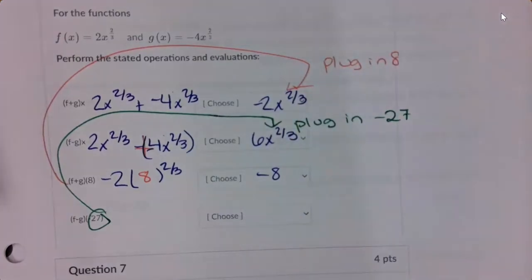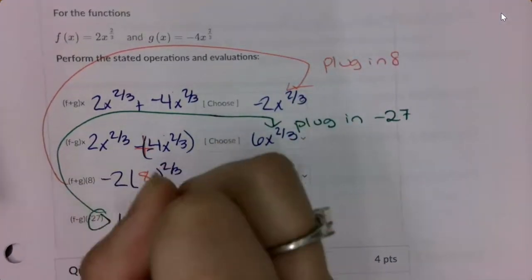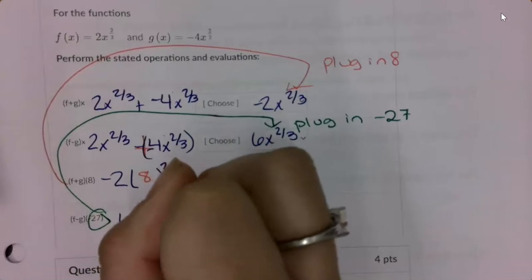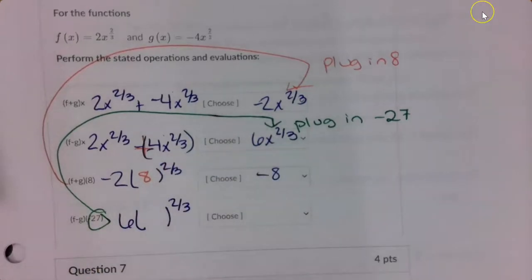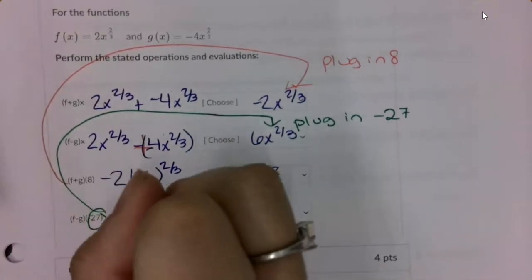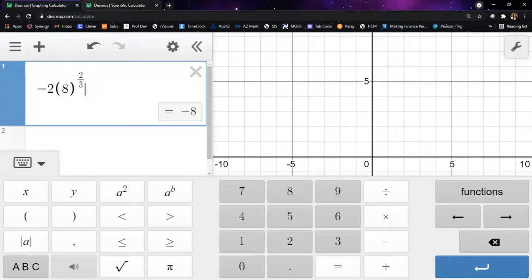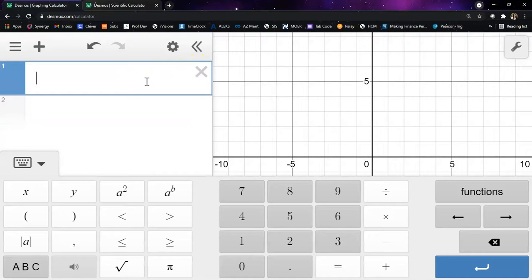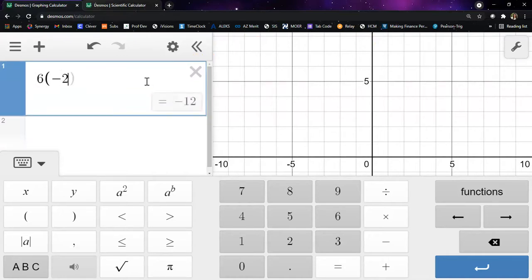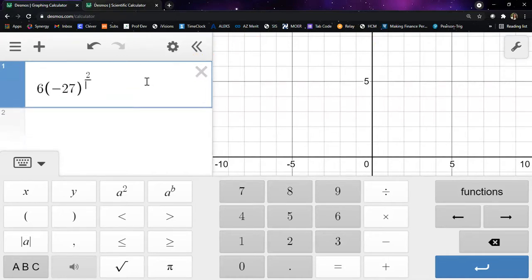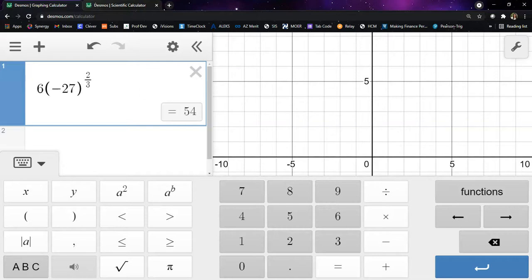So I'm going to plug that in. That is 6 times negative 27 to the 2/3. So I can go back to Desmos and type that in. Which gets us 54.